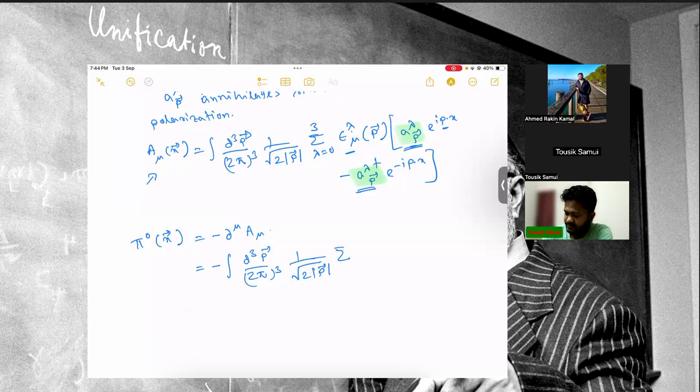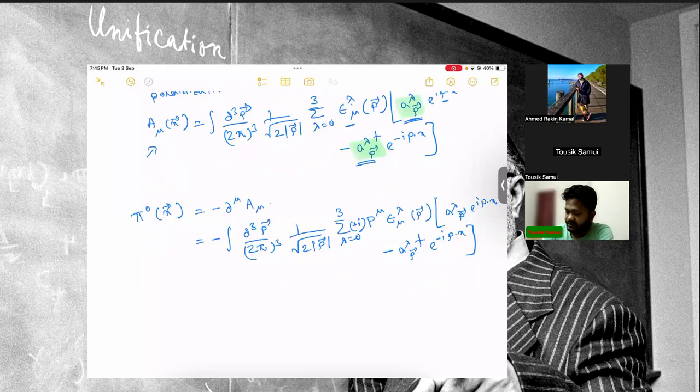It will be the sum over lambda equals 0 to 3, and it will bring down p mu and epsilon mu lambda, and then we will have a lambda p to the power e to the i p dot x minus a lambda p dagger. But we'll have one plus i here with the delta.